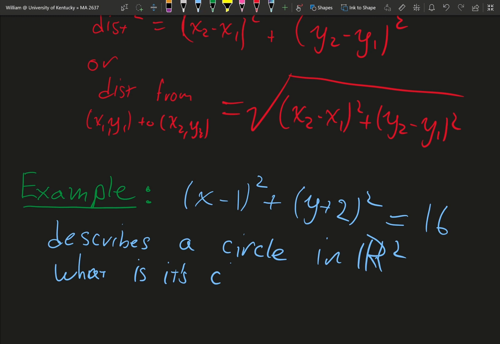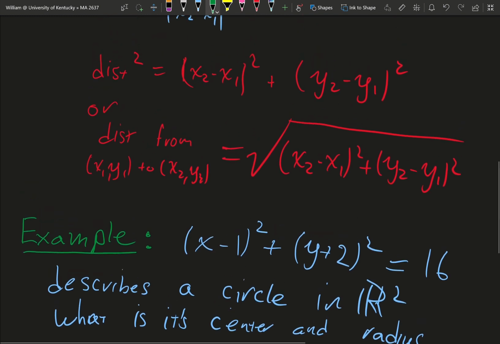What is its center and radius? It's also a good idea to remember why the formula for the circle is what it is.